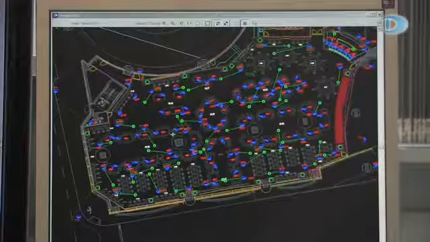How easy is it for an operator to find a particular area in a large installation like a casino, for example? I understand you're using some kind of mapping system. What is special there and how is it implemented in the system? Yeah, that's very important for the operator to easily find the cameras, and we have implemented the map functionality. The big advantage of our solution is that it is based on AutoCAD drawings.